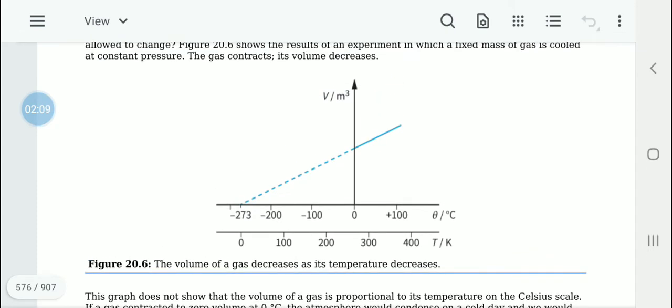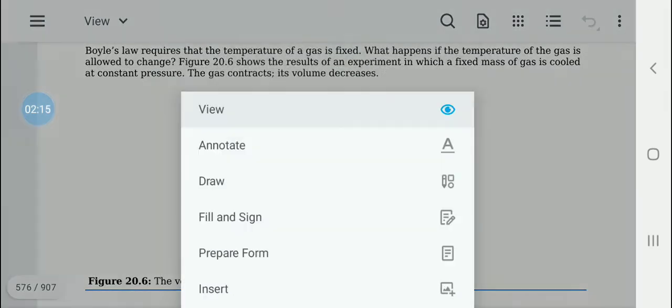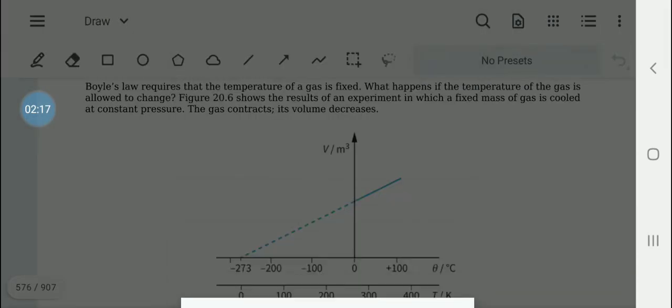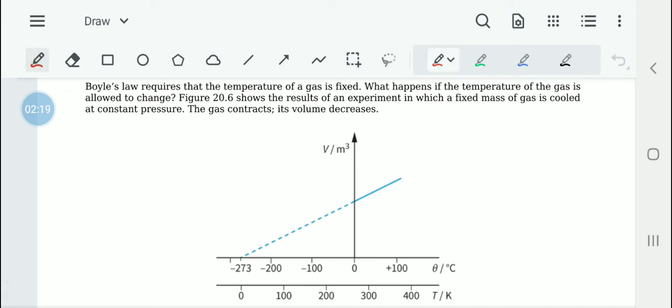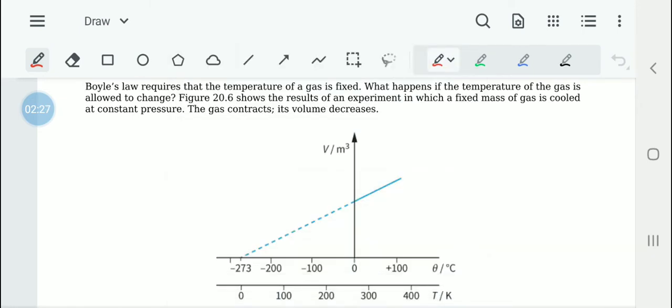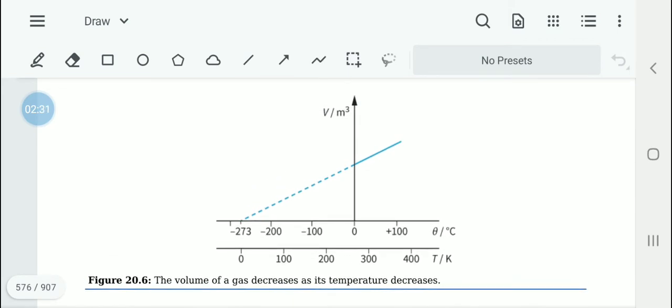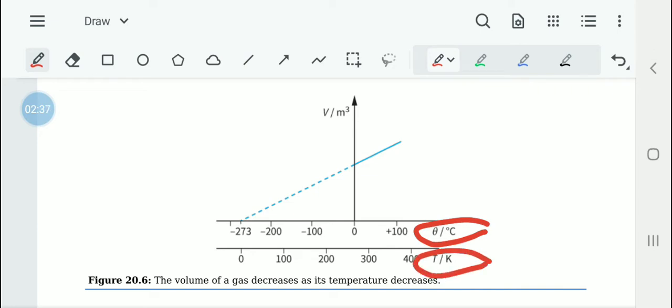What you have to figure out here is, they have given two lines. The two lines give you theta in Celsius and T in Kelvin, right?